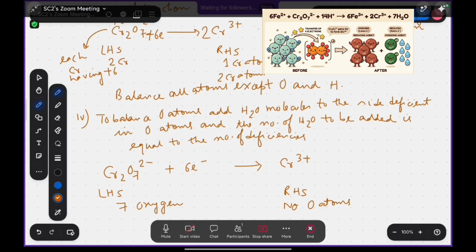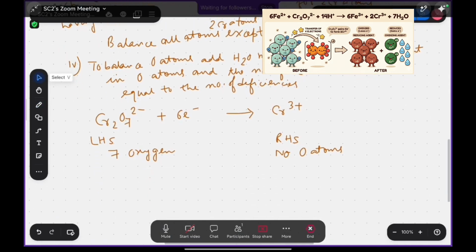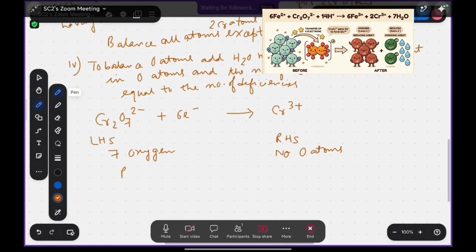That means the right hand side is deficient of oxygen atoms. I hope it is clear.